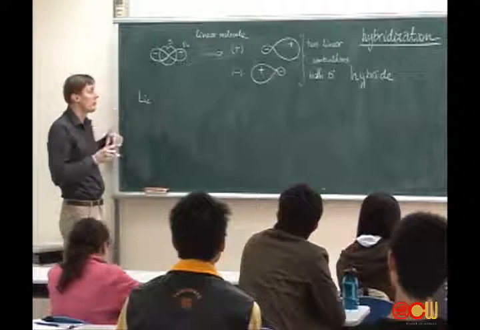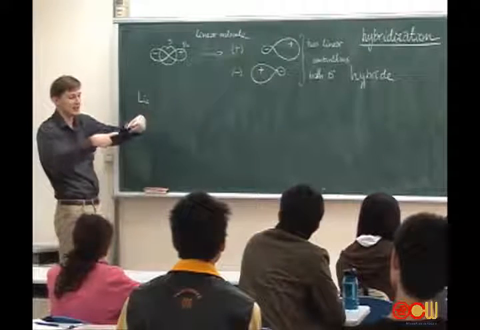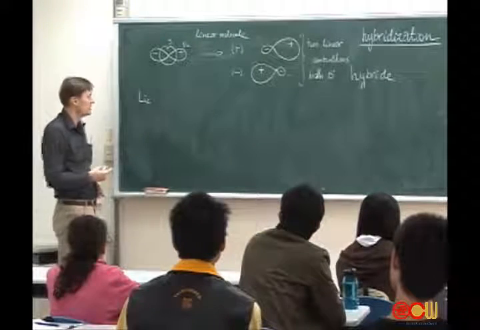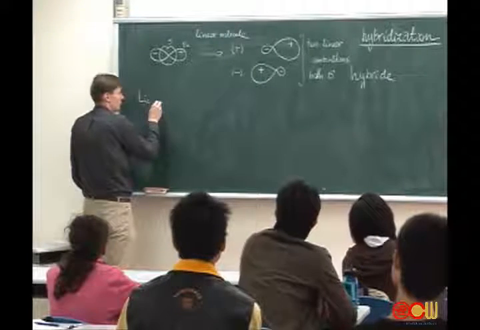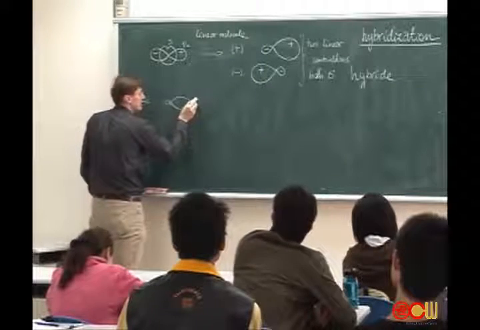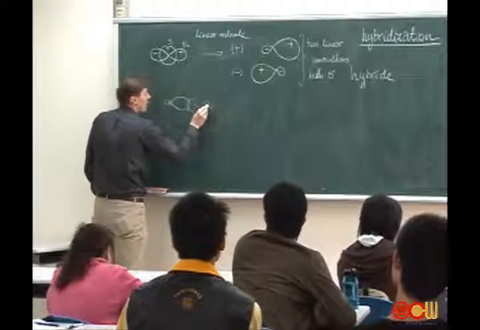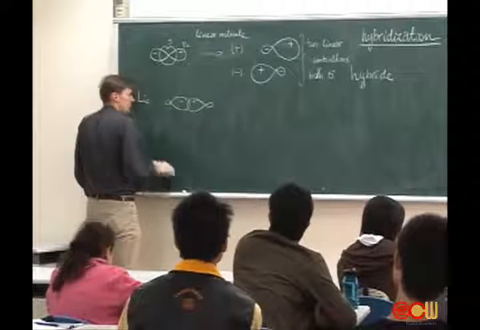In lithium, before the bond happens, first we have the hybridization. And then the sp and sp overlap together. So first in lithium we have this hybridization of s and p, and then this big s and p reacts together with the plus sign like that to make a bond.